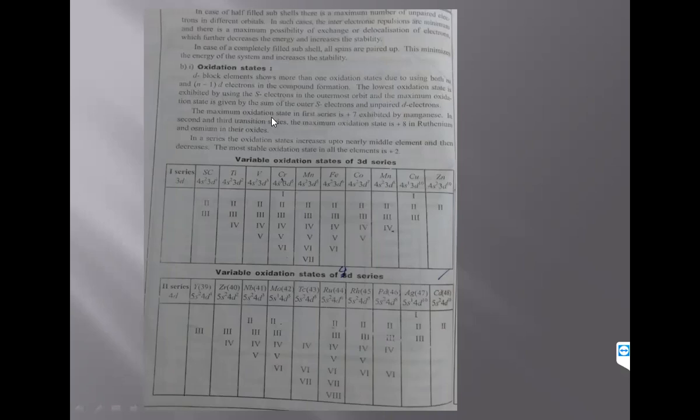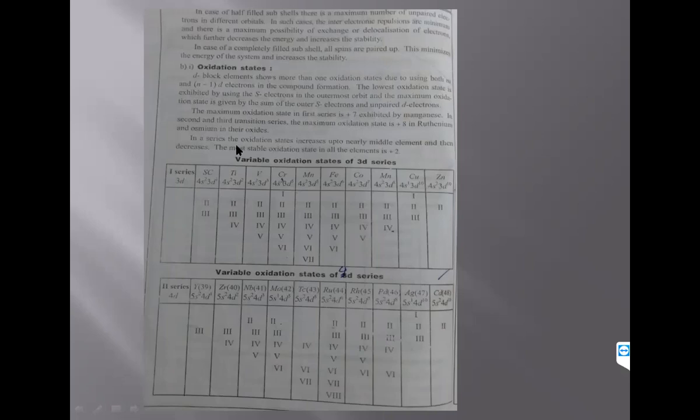The maximum oxidation state in the first series is +7, exhibited by manganese. In the second and third transition series, the maximum oxidation state is +8 in ruthenium and osmium in their oxides.